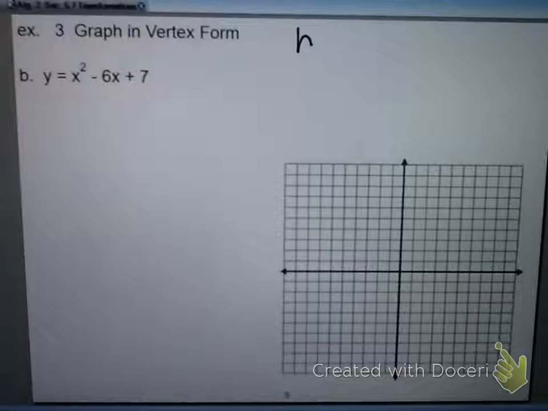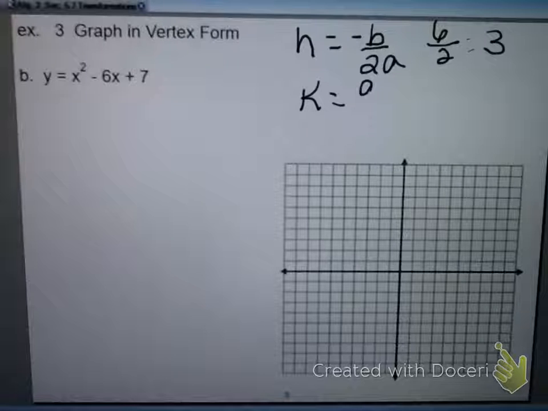Okay, example 3b. I'm going to graph in vertex form, so the very first thing I'm going to do is find the vertex, which is h, k. Put it in the vertex form.